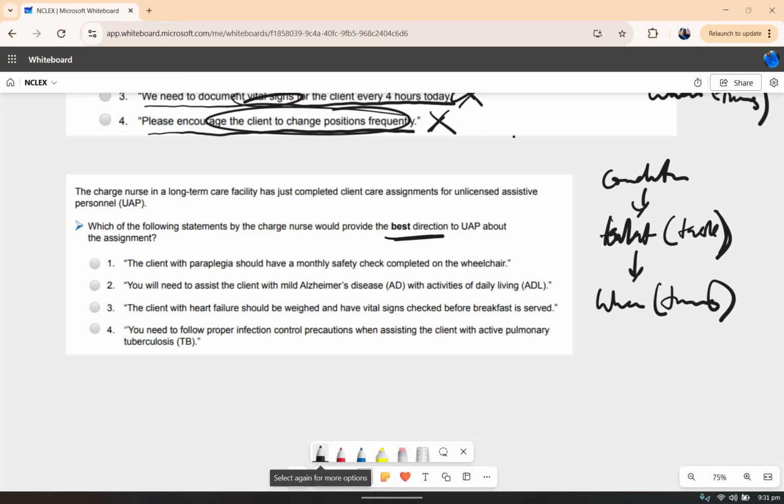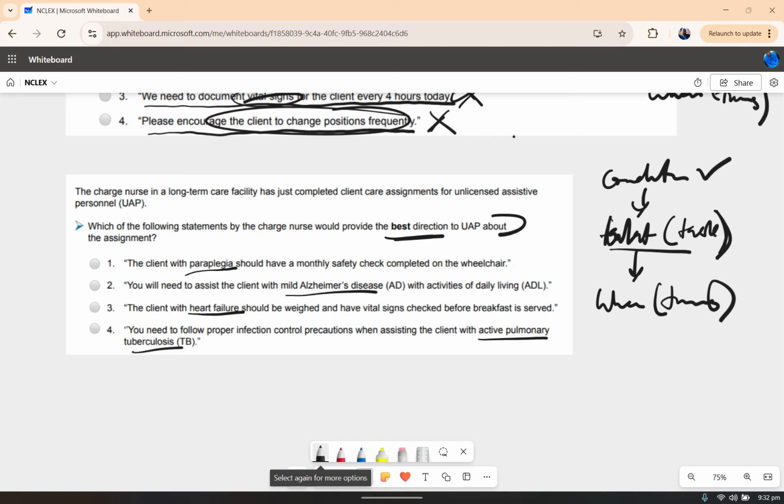So now this is also best direction, you can see, and to the UAP. Now the condition, paraplegia, that's the condition. Mild Alzheimer's, that's the condition. Heart failure, that's the condition. Active pulmonary tuberculosis, that is the condition. So condition checked. So everything has condition, so we need to find out if everything has the task.